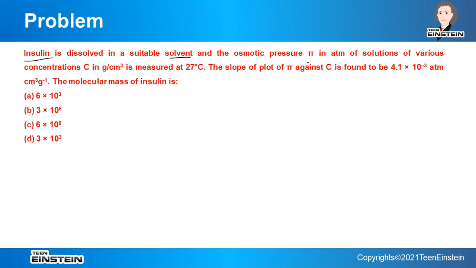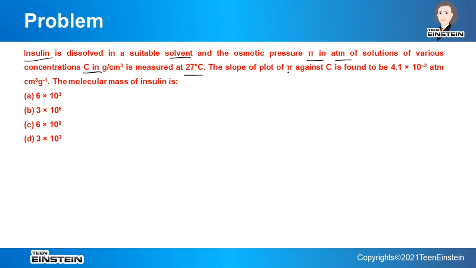Its osmotic pressure pi is given in atmosphere unit, of solutions of various concentration. The concentration is given in gram per centimeter cube unit. Be very careful about the units, otherwise there will be error in spite of doing all the calculations correctly. It is measured at 27 degrees centigrade.